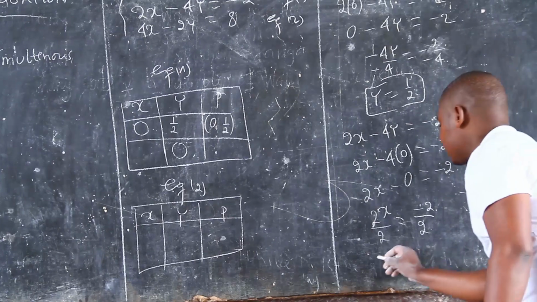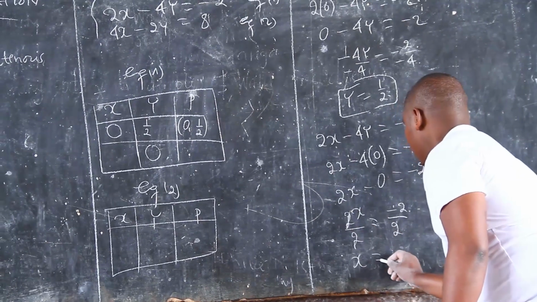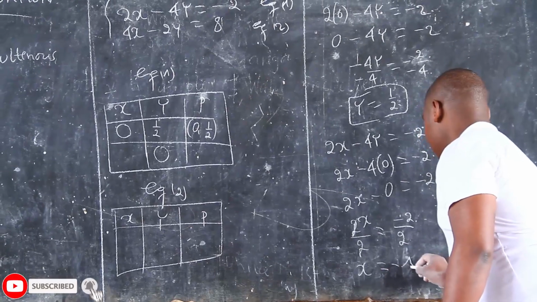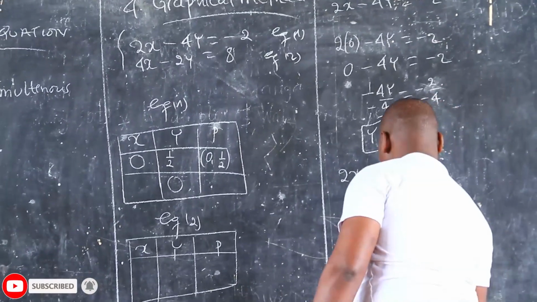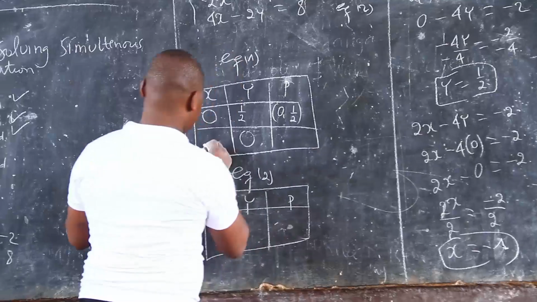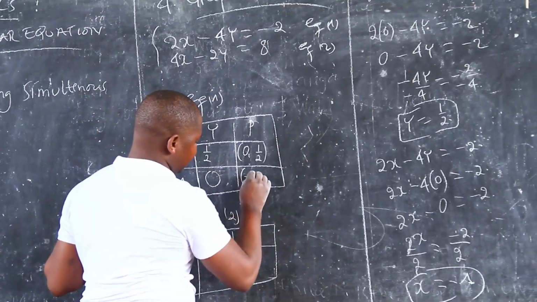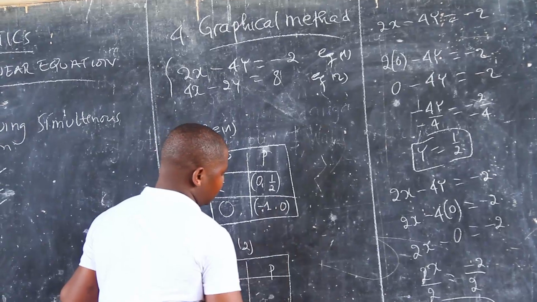The value of x will be equal to negative 1. Then the coordinate is equal to negative 1, 0.